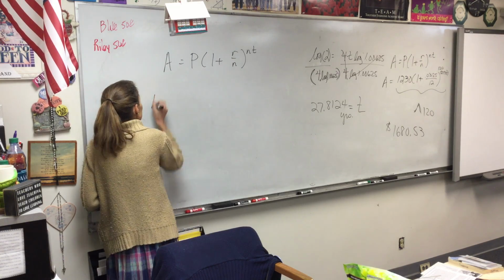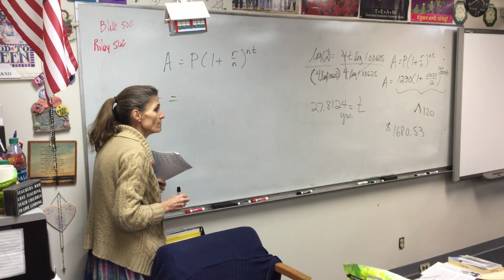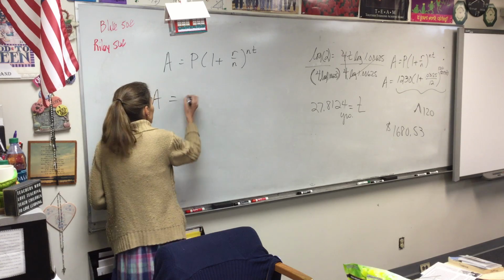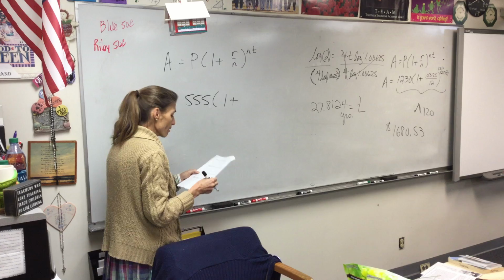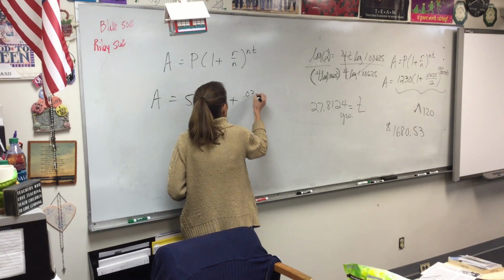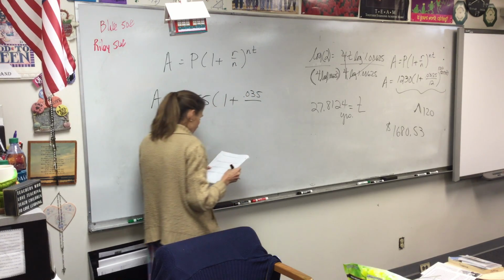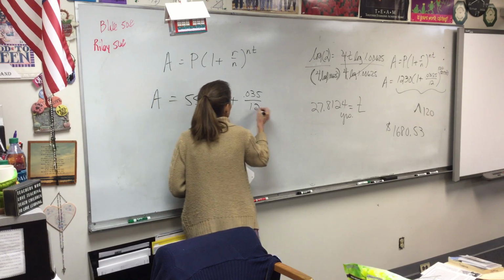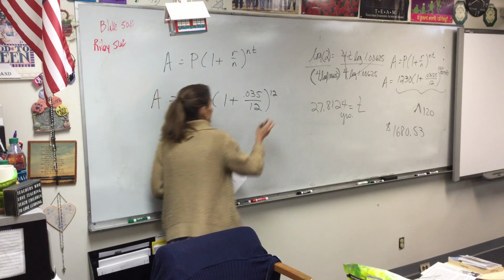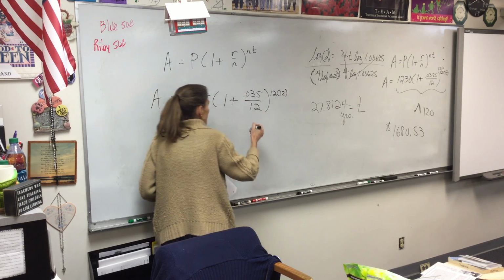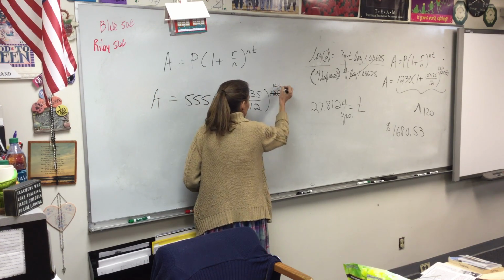A, that's what I'm looking for. What did you put in for P? 555. What did you put in for R? What did you put in for N? Both ends were 12. And what did you put in for T? 12. So did you just make that exponent 144? Yeah.